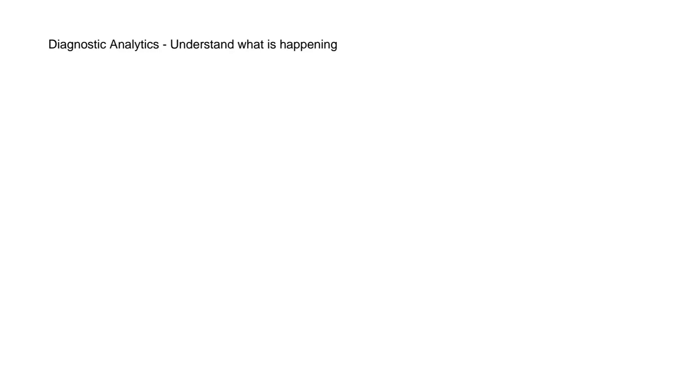Some classical techniques, if anyone's taken a course in statistical process control, are things like control charts and histograms. Those are very useful for helping us diagnose where we might have a problem or where a problem is starting to occur. Also in this area, we mentioned correlation and association.